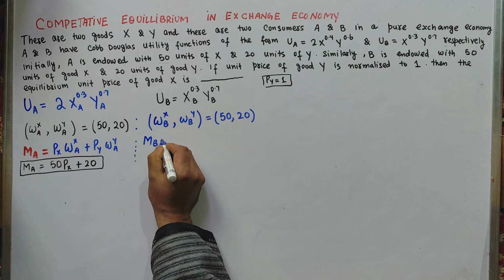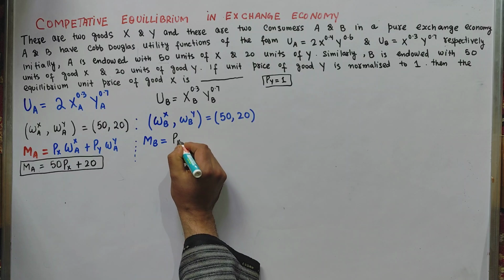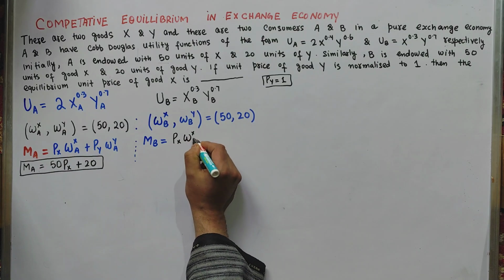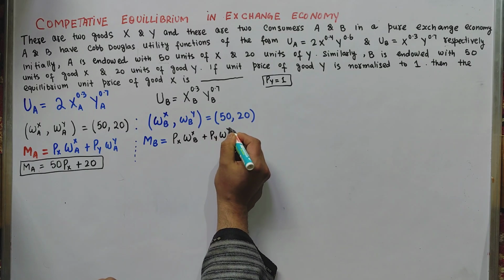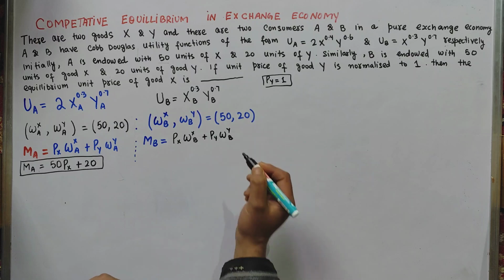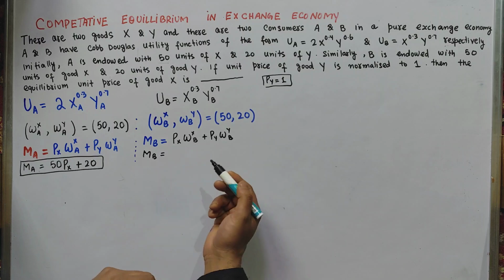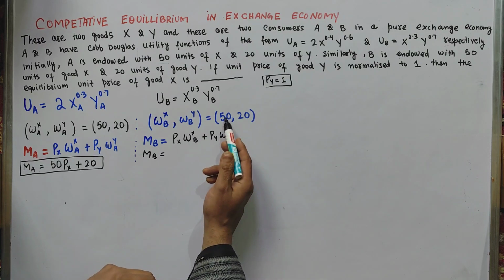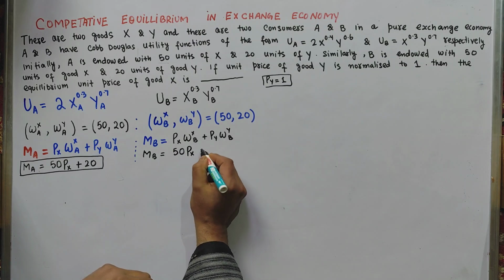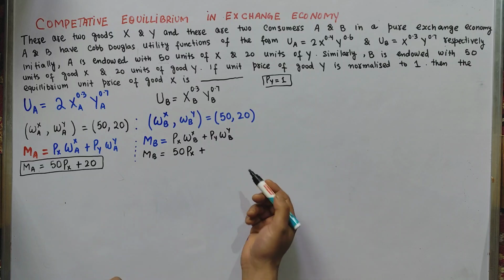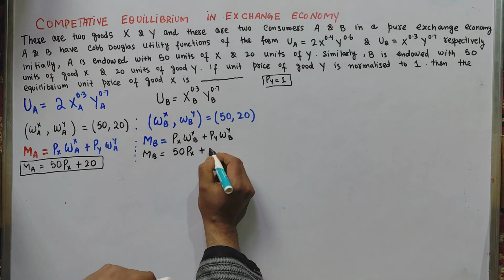Income of consumer B will be equal to the price of X times units of X endowed by person B plus the price of Y times units of good Y endowed by person B. So the income of person B will be equal to 50 PX, since the endowment of X by person B is 50, plus the price of Y, normalized to 1, times the endowment of good Y by person B, which is 20.